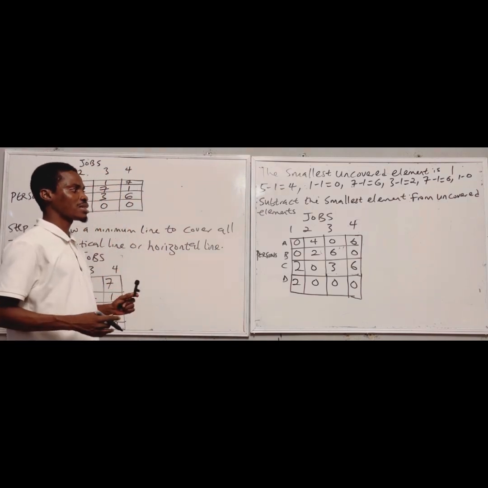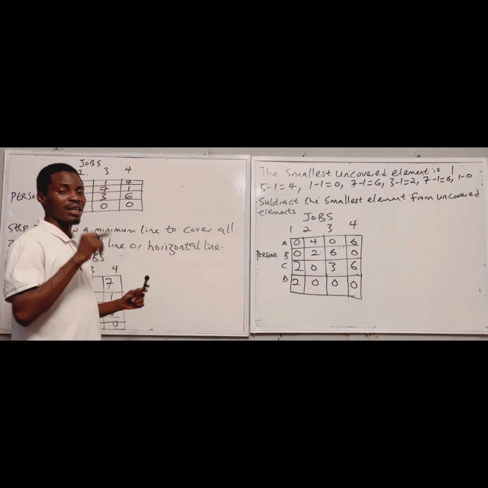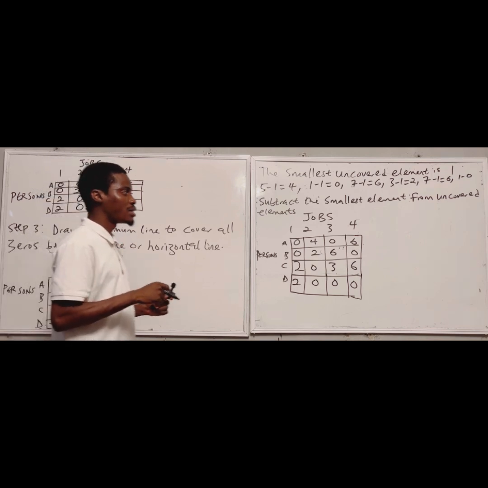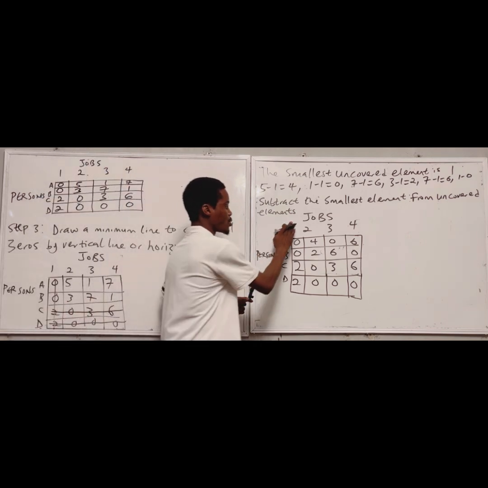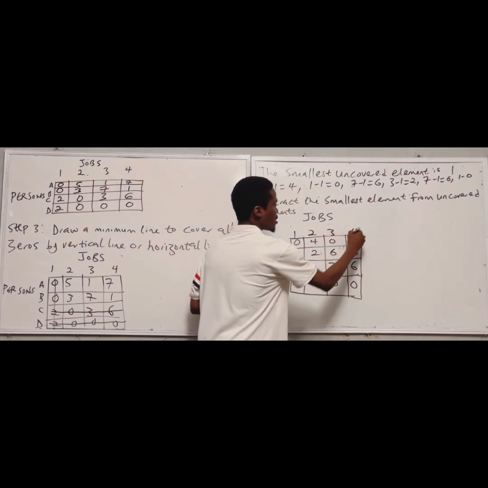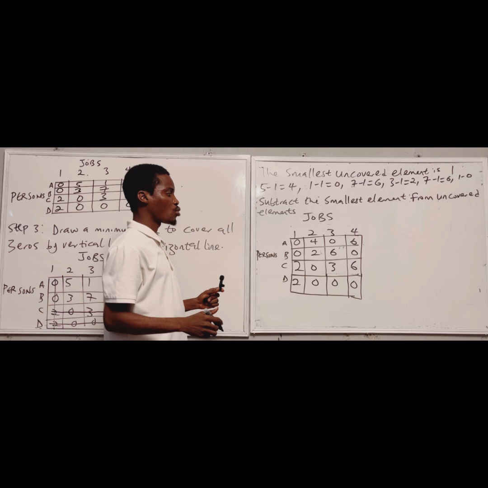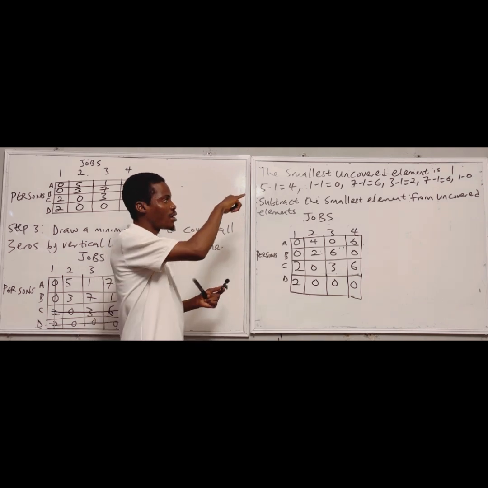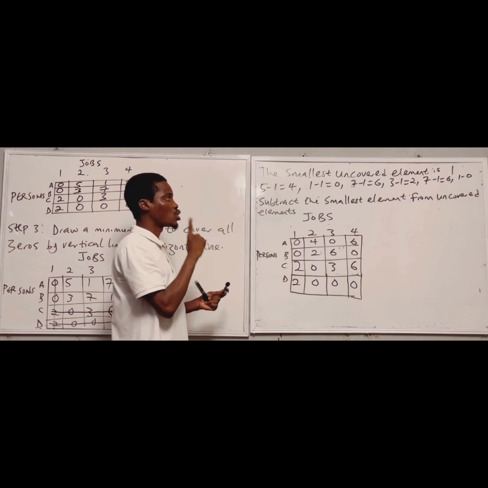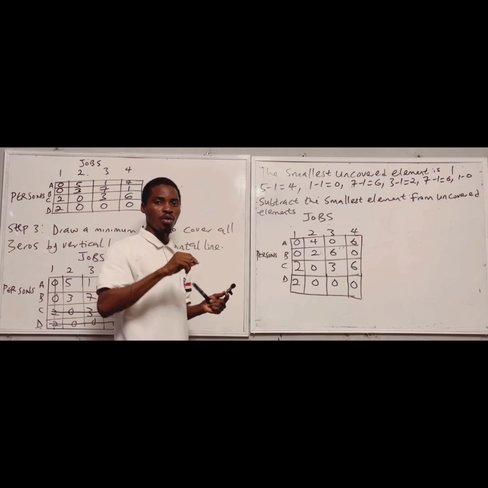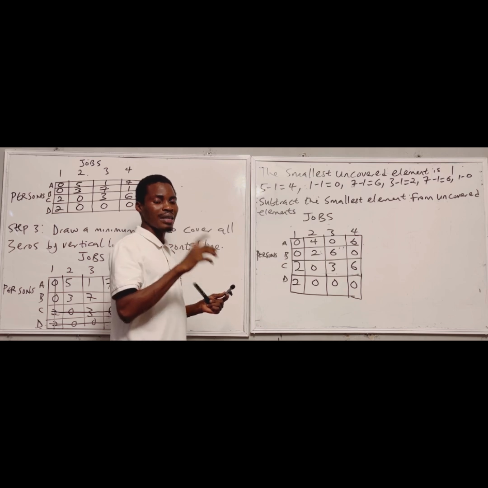So the next step is what? Since I want to achieve my optimal solution, I have to add the smallest uncovered element, which is 1, to the point of intersection element.